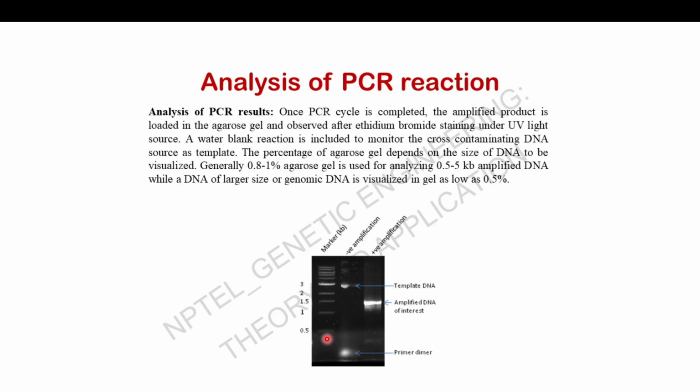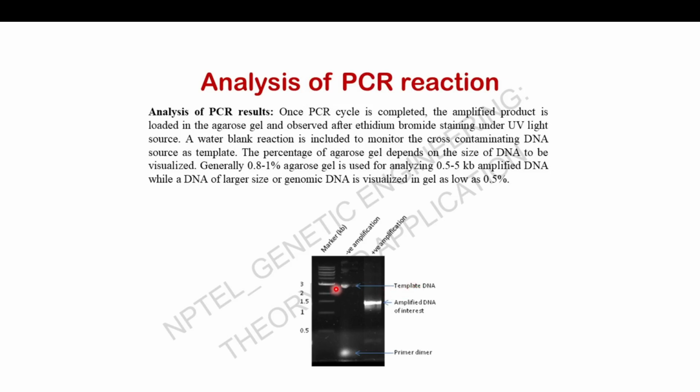A ladder has DNA fragments of different sizes, which is usually company made. So this is 500 base pairs long, this is 1000 bases long, this is 1500 bases long, this is 2000 bases long, this is 3000 bases long.